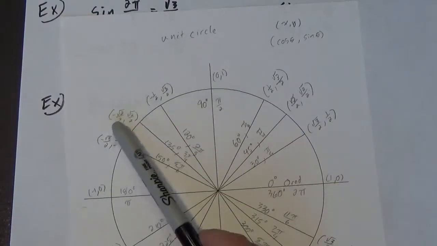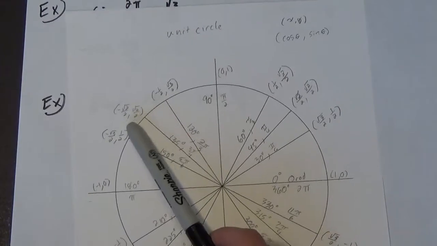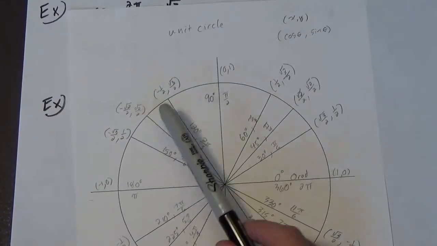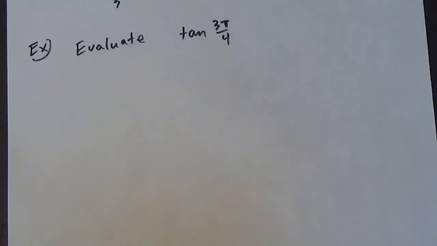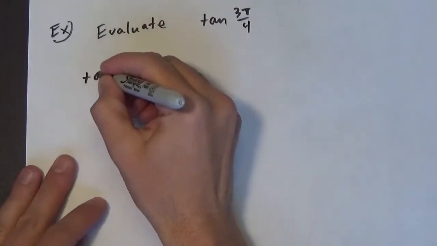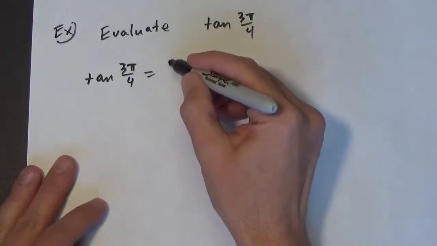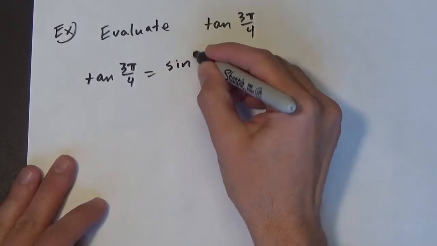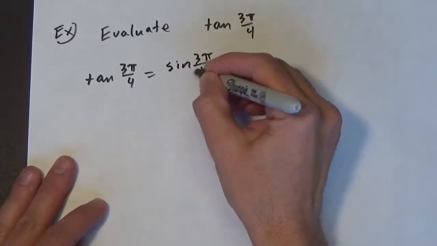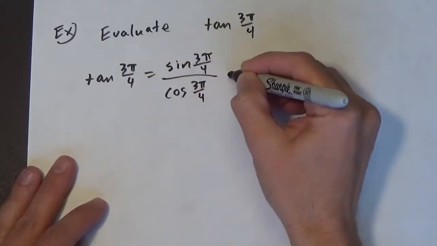And we think, well, we have an x coordinate and a y coordinate, but we don't have the tangent. However, we can get the tangent from this, because we know that the tangent is equal to the sine over the cosine. So the tangent of 3 pi over 4 is the sine of 3 pi over 4 over the cosine of 3 pi over 4.